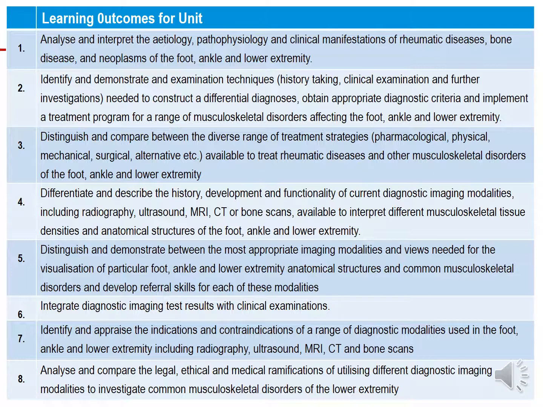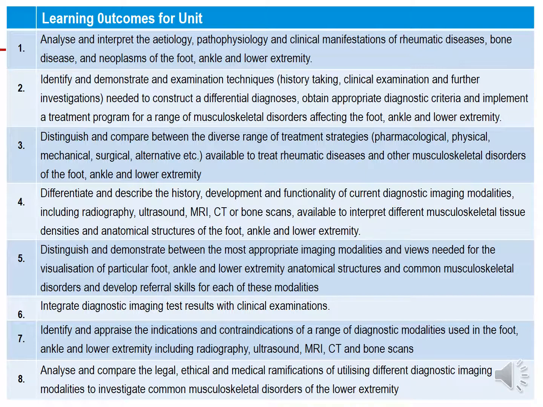Again, in terms of your diagnosis, you need to be able to differentiate and describe the history, development, and functionality of different diagnostic imaging modalities, including radiography, commonly called X-rays, ultrasound, MRI, CT scans, and bone scans.